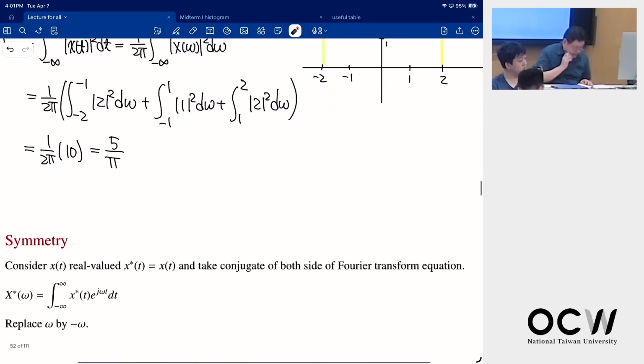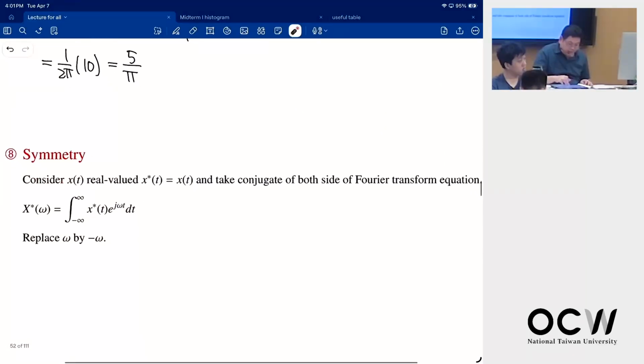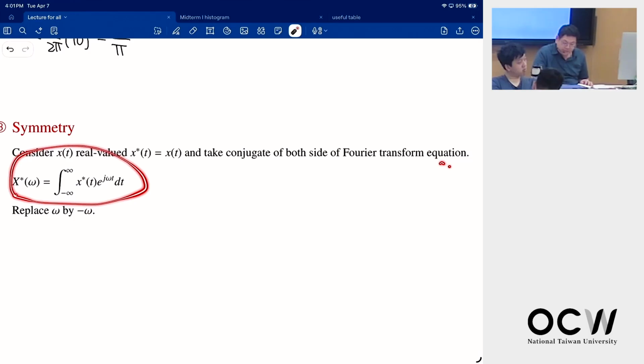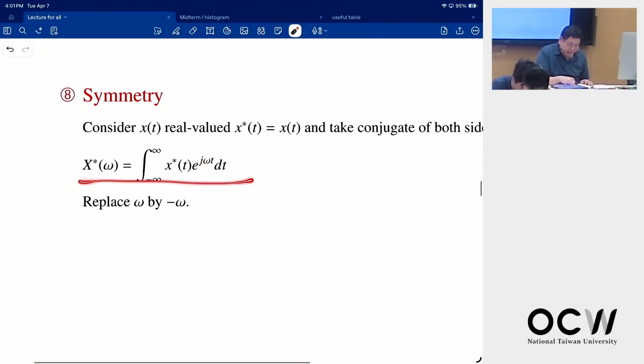Next, the property is symmetry. Suppose this signal x is real valued, which means that if I take the conjugate, it doesn't matter, it's still just the signal. Then if I take the conjugate of both sides of the Fourier transform equation, the minus becomes positive, so we replace omega by minus omega.